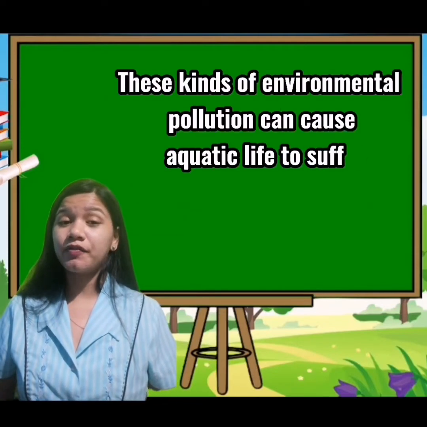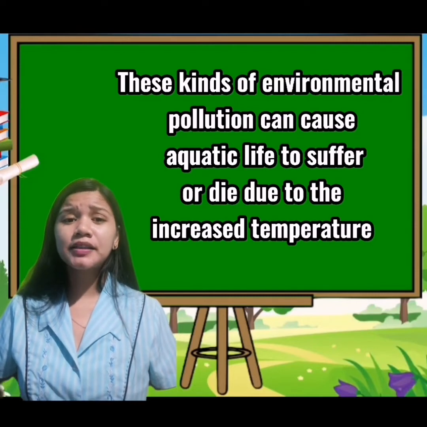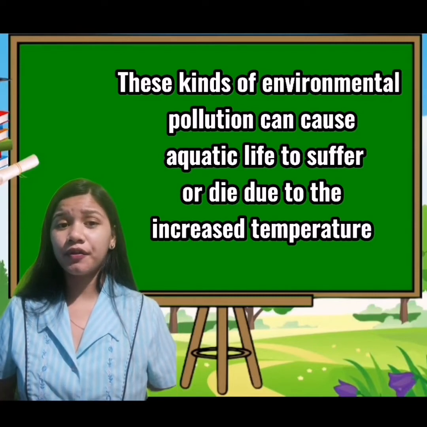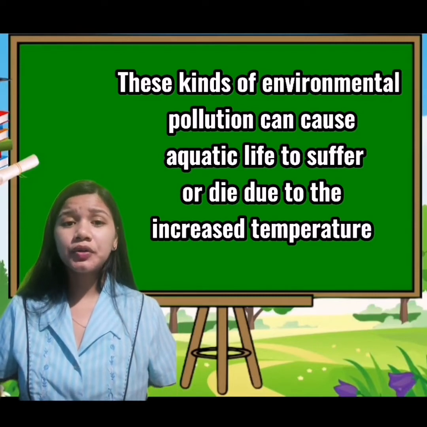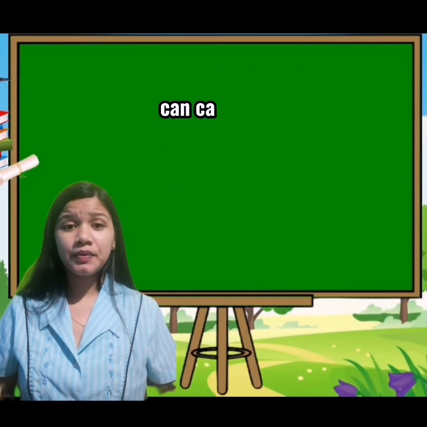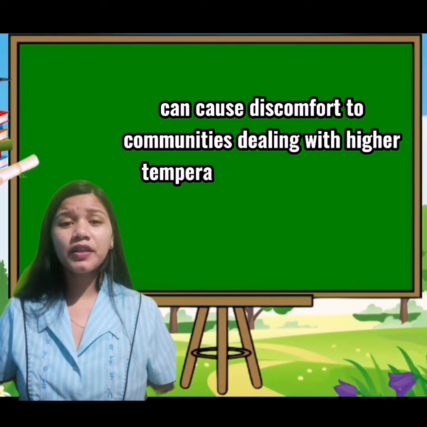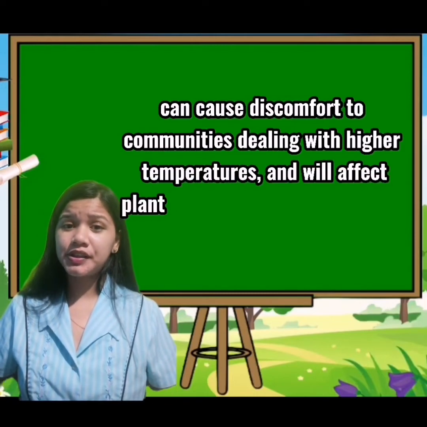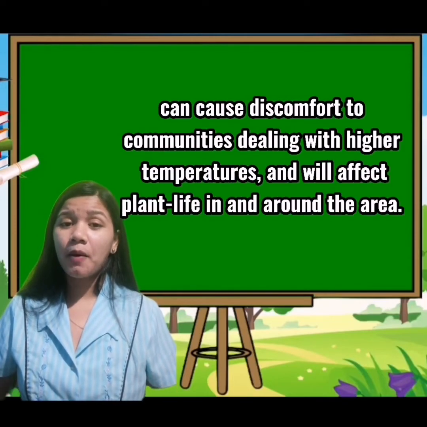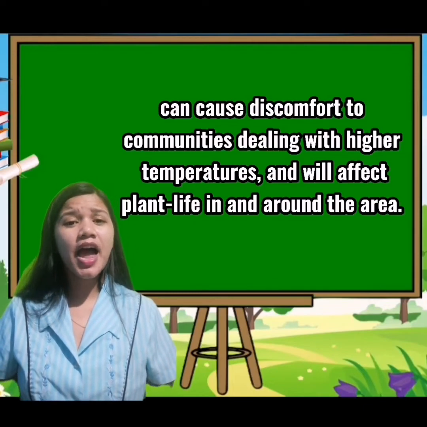This kind of environmental pollution can cause aquatic life to suffer or die due to increased temperature, and cause discomfort to humans. Dealing with higher temperatures will also affect plant life in and around the earth.